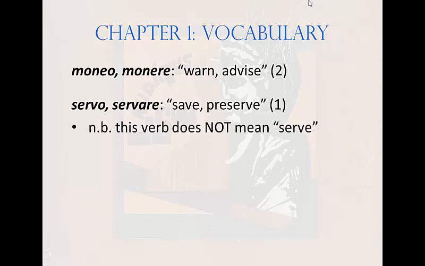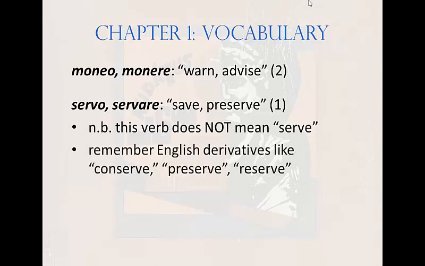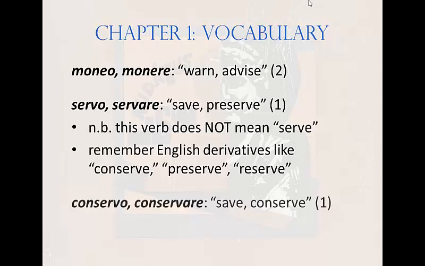Servo, servare, meaning save or preserve, is a first conjugation verb. Please be careful to note that this verb does not mean serve. It's easy to remember that it means save if you bear in mind its many English derivatives, like conserve, preserve, reserve. Conservo, conservare, meaning save or conserve, is also a first conjugation verb.